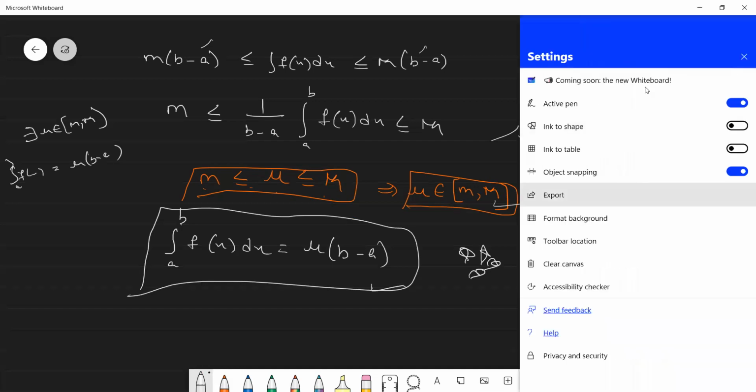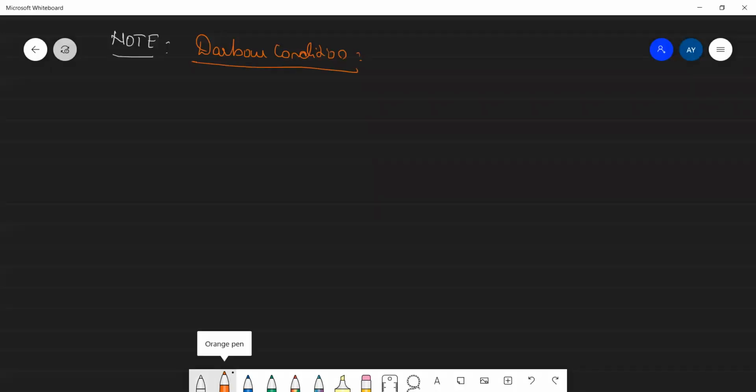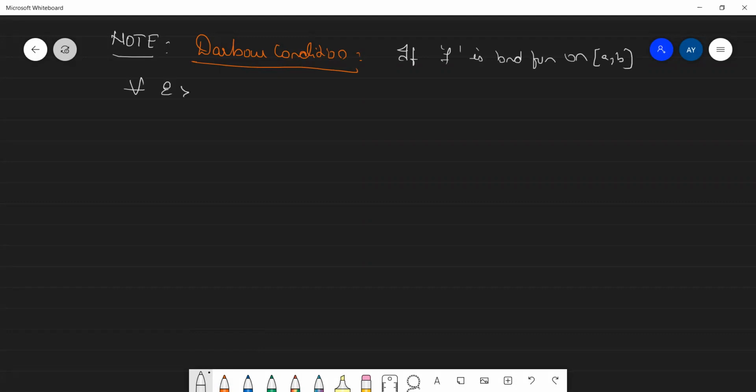Next, there is a note point, that is the Darboux condition. So in this condition, what it actually says is that if there is a function f which is a bounded function on the closed interval [a, b], then for all epsilon greater than 0, there exists some positive delta such that there are two conditions.